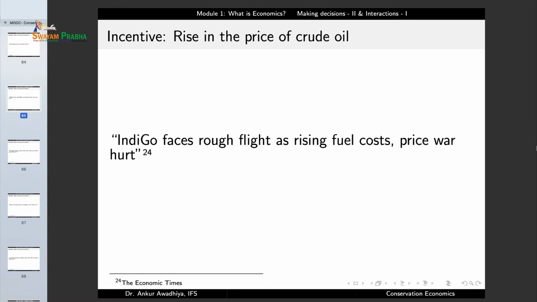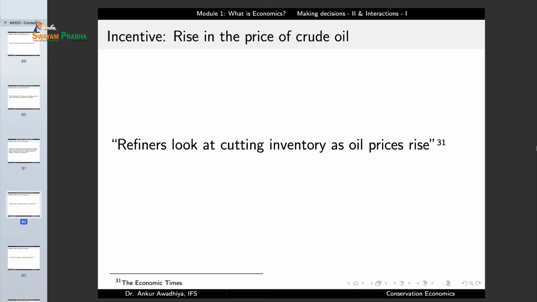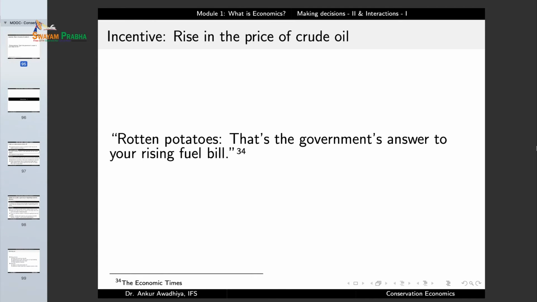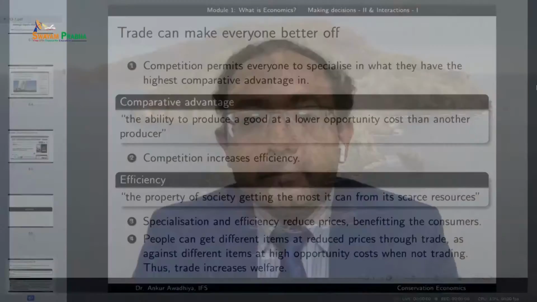People move towards smaller vehicles, more cost effective vehicles, or more fuel efficient vehicles just because the price of crude oil has increased. So people respond to incentives, and prices are very important incentives. Now, when you have this knowledge, you can use this knowledge. If you do not have this knowledge, you will probably not be using it.